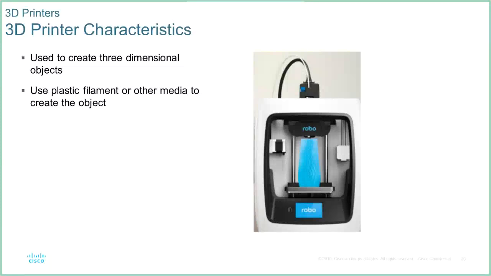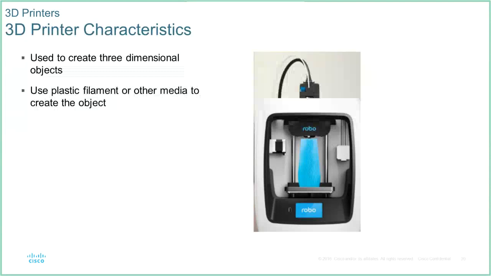3D printers are basically using some form of media, normally plastic, to mold an image out of. So in the most common type, it melts plastic and forms a solid three-dimensional object as it builds it layer by layer as it comes up.